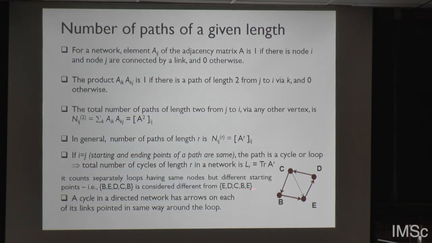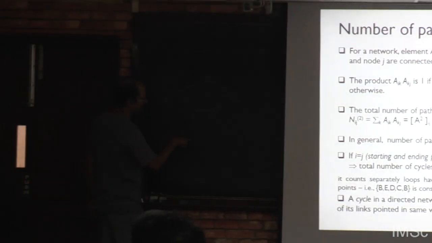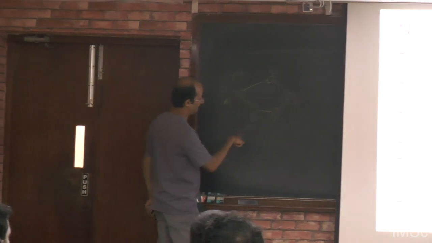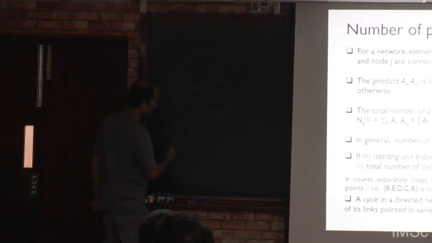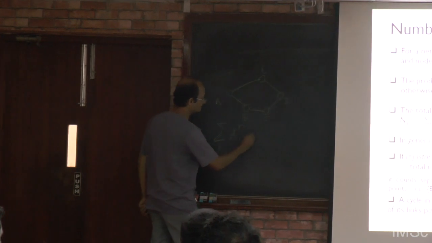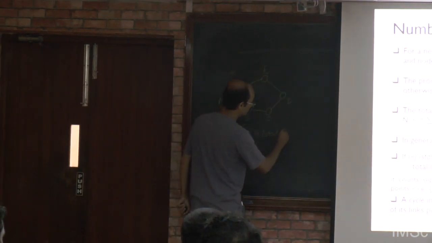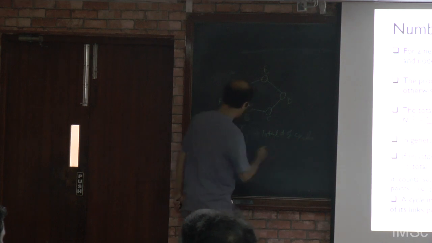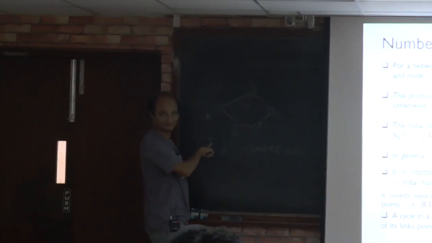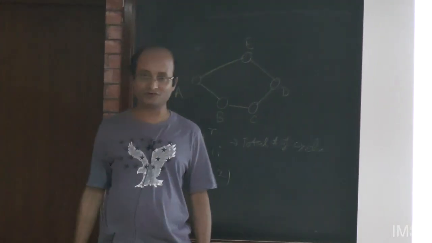I mentioned that the total number of cycles of length r in a network is simply the trace of the matrix A raised to r, and that's because the number of cycles which include i and are of length r is A_ii raised to r, and so you simply sum over i in order to get the total number of cycles. But what is this quantity? This is nothing but the trace, right? The definition of trace is you sum over all the diagonal elements.